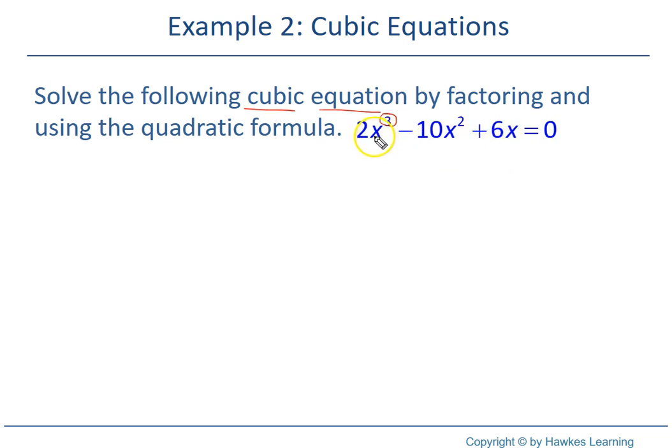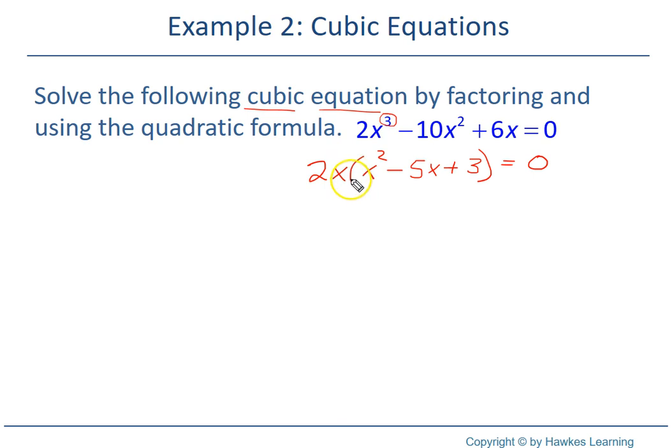Well, notice you could factor out a 2x from each of these terms. So this gives you then x squared minus 5x plus 3 equals 0.